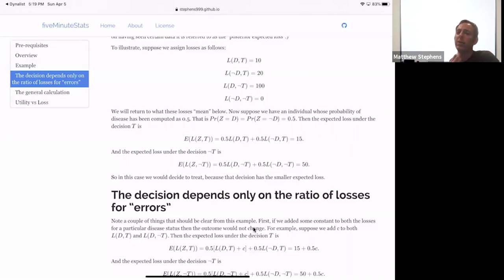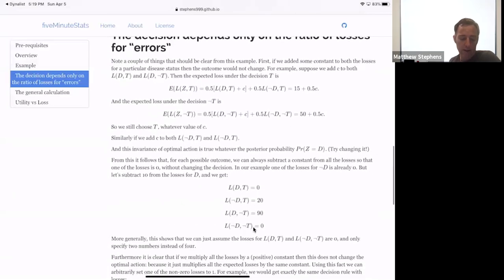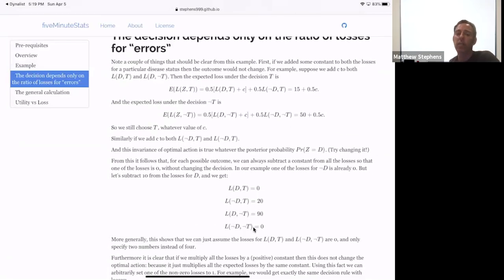But it turns out that you don't have to specify all those four numbers, because if you read through here, it turns out that if you add a constant number, some constant C, to all those losses, it doesn't change the calculation.